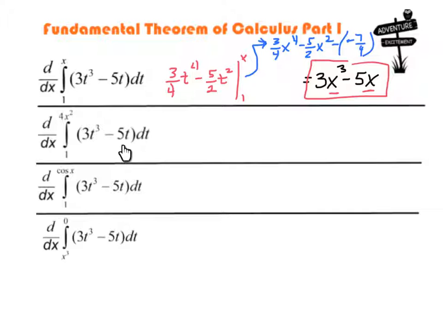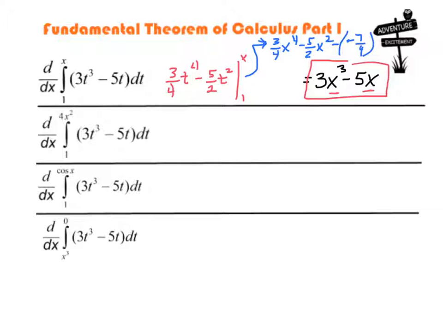If I found the antiderivative, which I did up here, and I plugged in 4x squared, and then I found the derivative, I would have to break out chain rule. And the reason I'd have to do that is because I placed a function, 4x squared, into my new function.